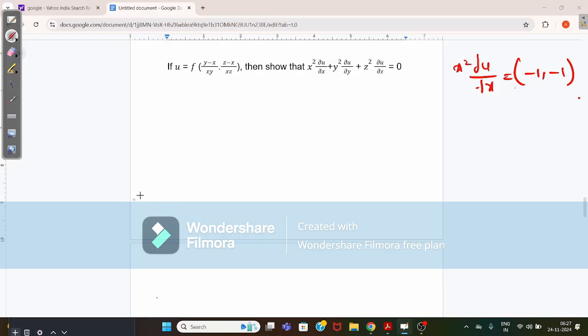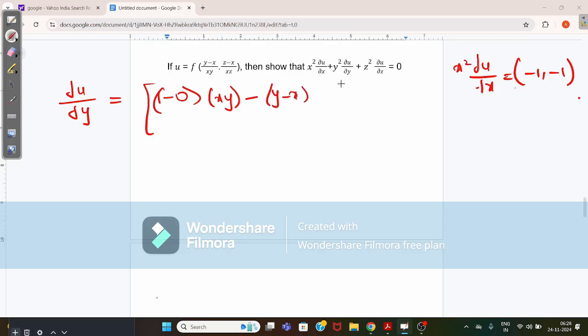Now comes to dou u by dou y. Okay, now this value gives here 1 minus 0 into (xy minus y minus x into x) by x square y square, comma, here you have no y value, so this value becomes 0 here.